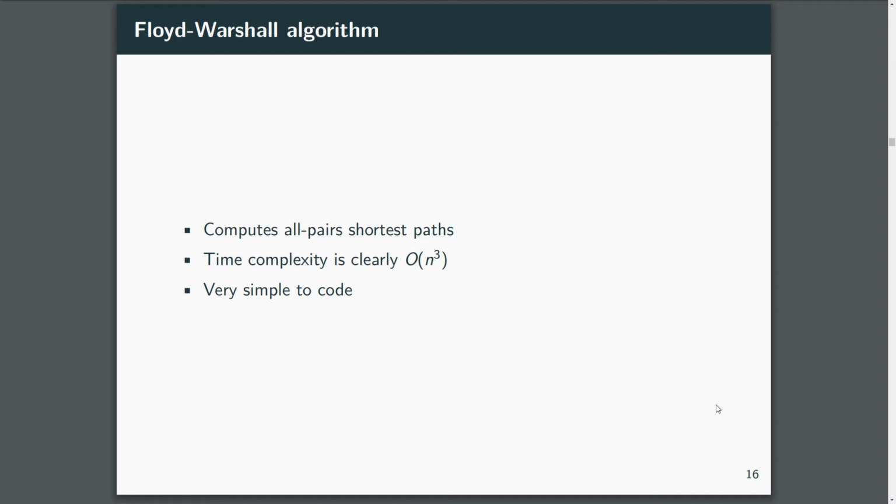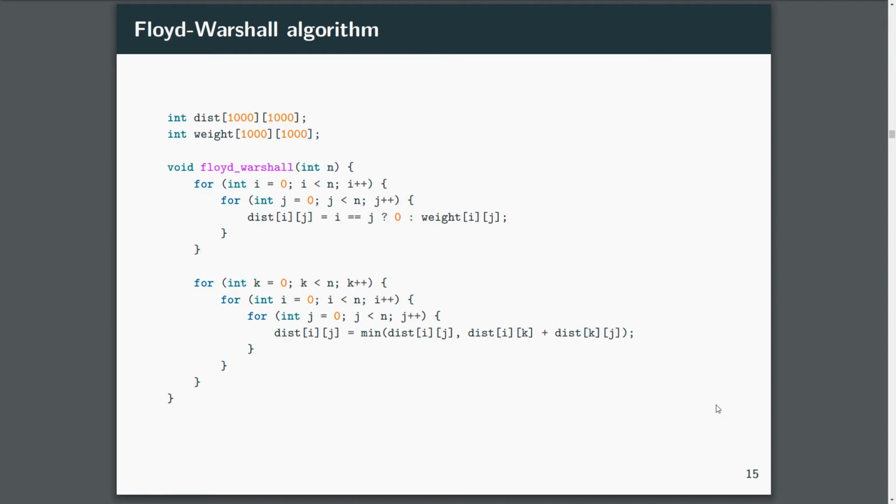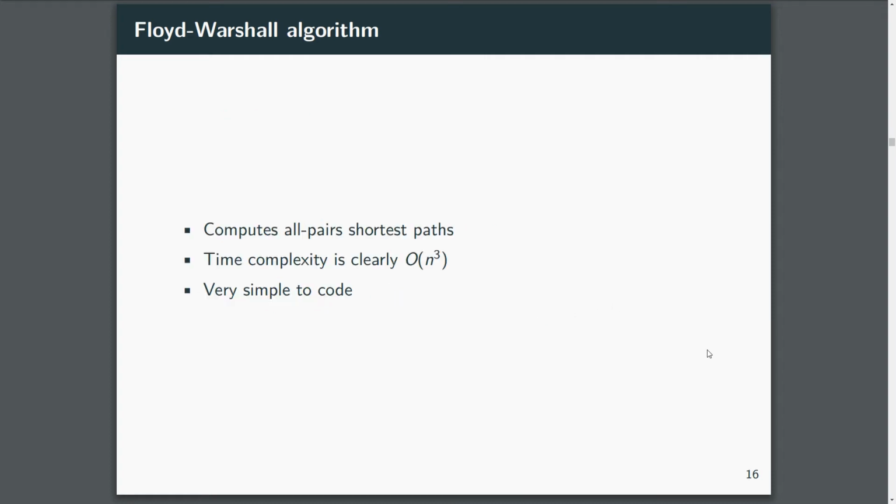So you get the shortest path from A to B for every single A and B. You're not defining any starting vertex. Time complexity is clearly cubic. We have these 3 loops, each of them go up to n. So this is going to be cubic.